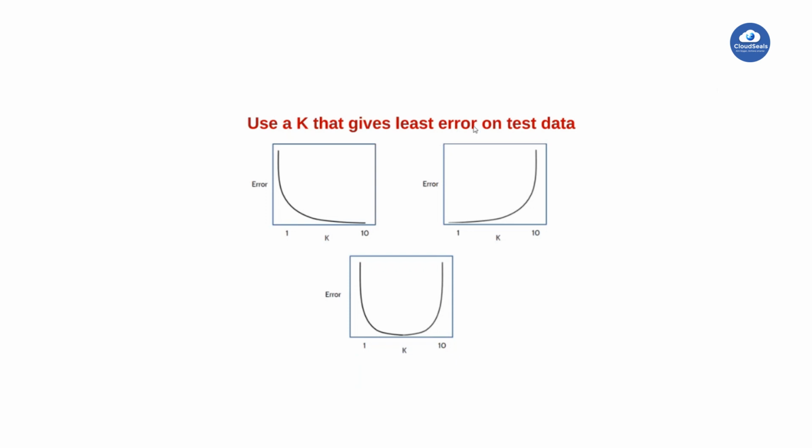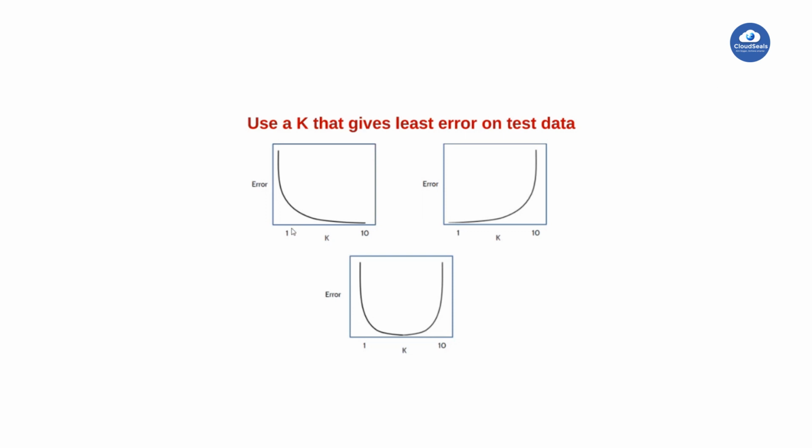Use the K that gives the least error on the test data. This is what I told you in cross validation. First, you can try 1 to 10 to make the decision about K. For example, sometimes for one value of K the error may be very low, and by increasing K the error increases.